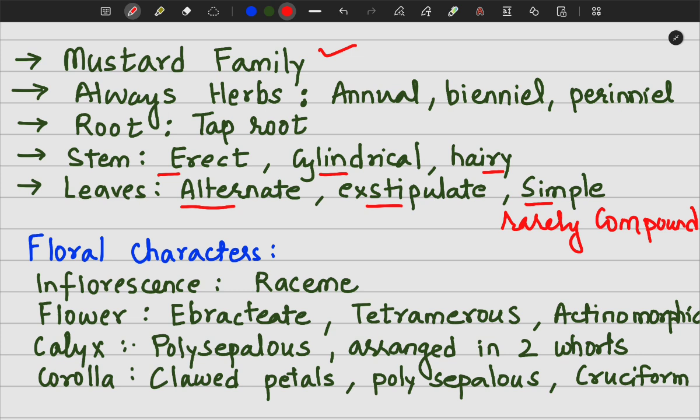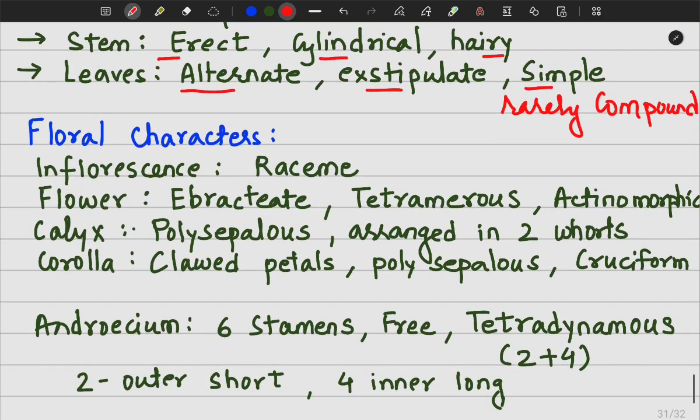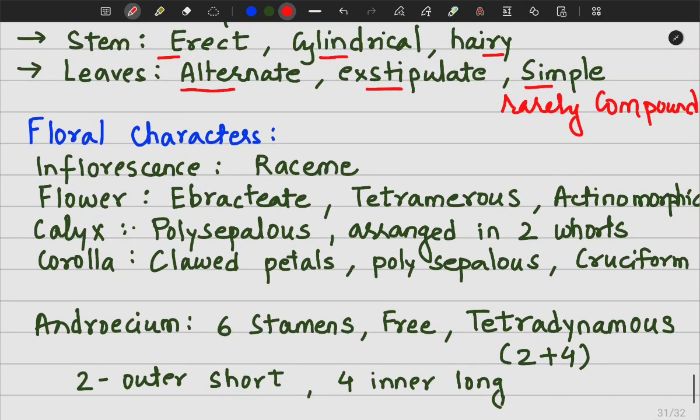Now let us study the floral characters. The inflorescence which we will usually see in mustard family is raceme or racemose, and the flower will be ebracteate, that means bract will be absent. The flower is tetramerous. What does tetramerous mean?